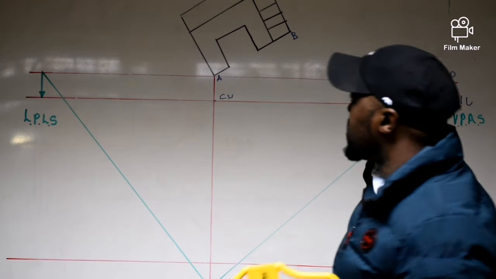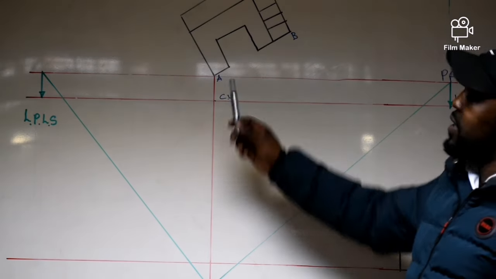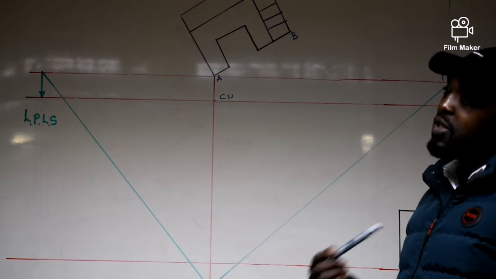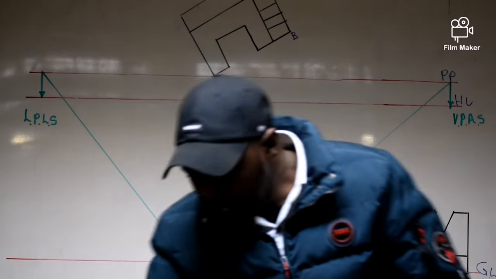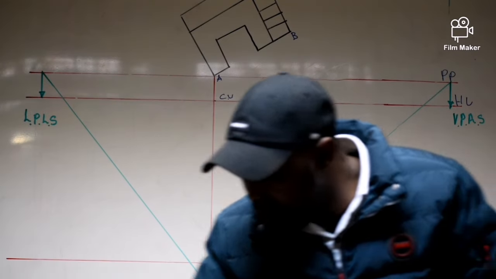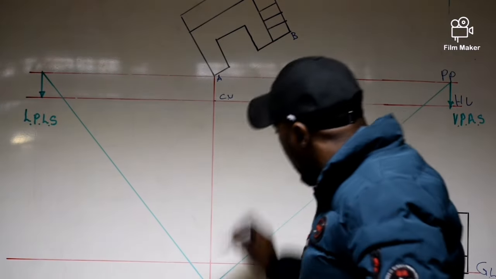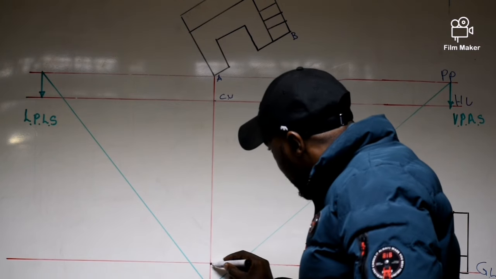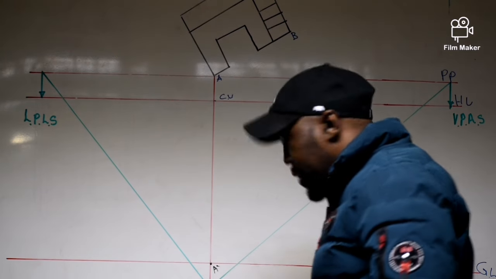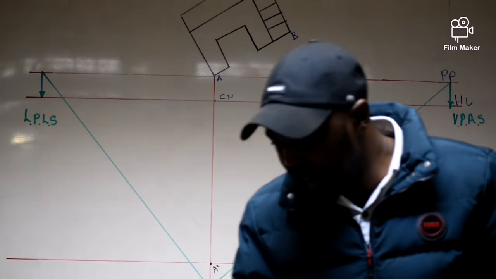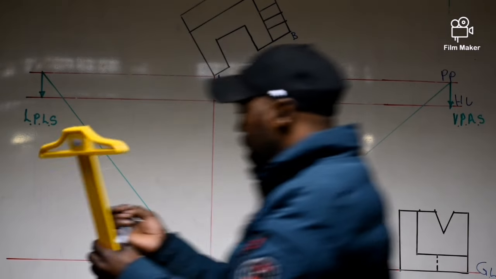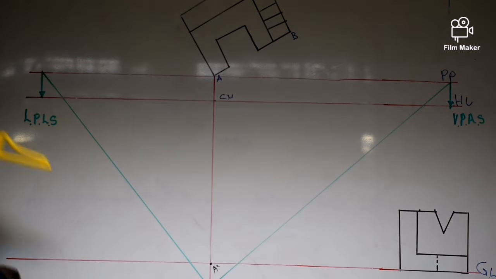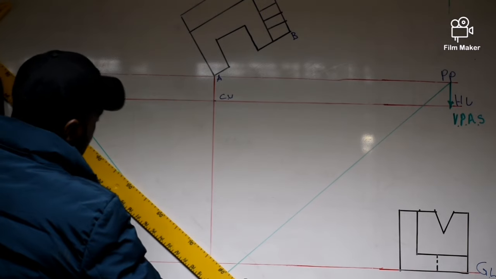If you take a closer look at your point A, it's already doing what I am telling you. So that point A should now be here. That point A is now right there, the first derivative of point A. You understand? So once you get there, you take a 30mm ruler, you take that point A to the vanishing point of your left-hand side.